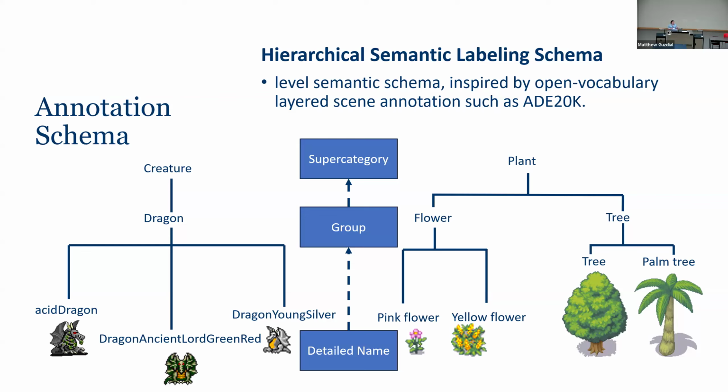The first level is the detail name, the specific asset names like the acid dragon or pink flower, the more detailed names. The group is visually coherent subtypes like dragon or flowers. And the subcategory captures the broader functional or conceptual classes such as creature or plant. This hierarchy helps us cluster conceptually similar tiles, supports open vocabulary matching, and gives multiple levels of abstraction when linking narrative descriptions to assets.